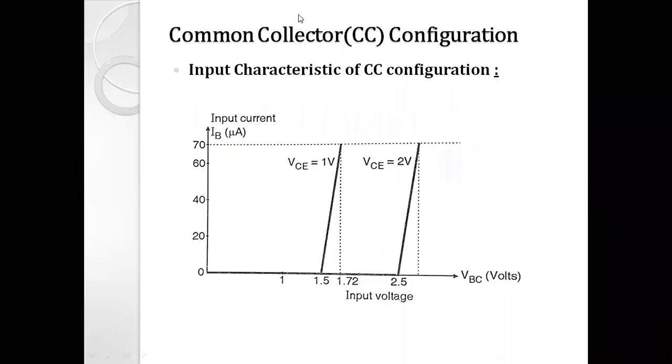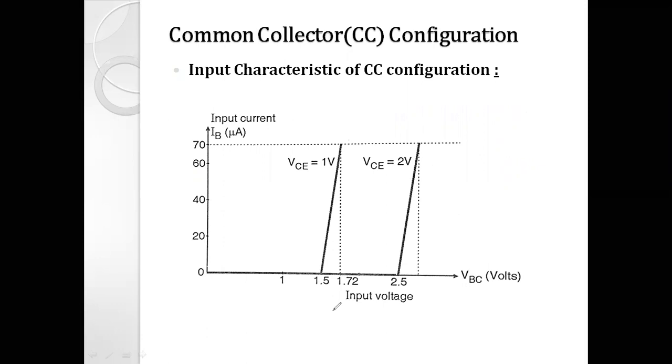Moving ahead, the input characteristic for common collector configuration, which shows the relation between the input parameters. Here the input parameters are the input voltage VBC and the input current IB, right? You can see that two curves are shown for this relationship.